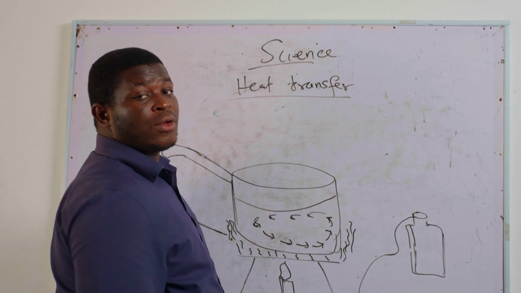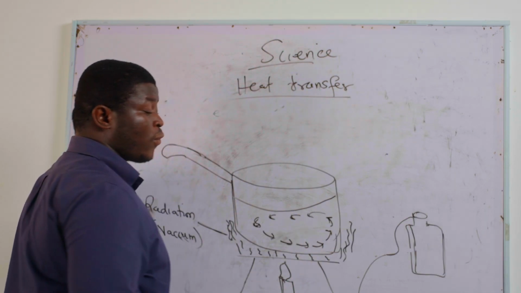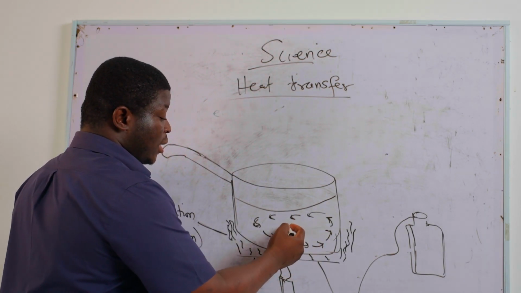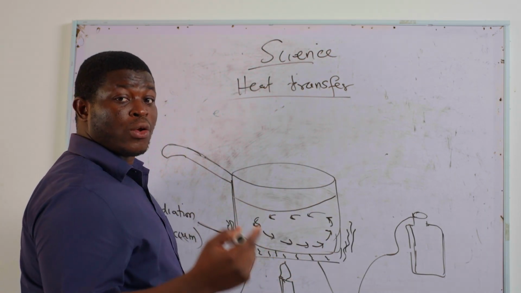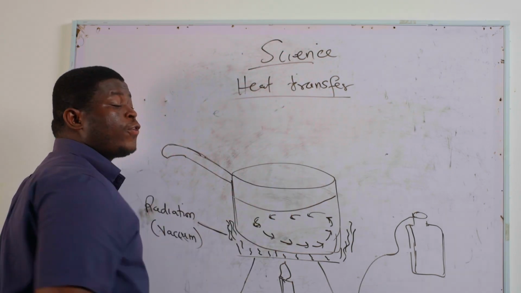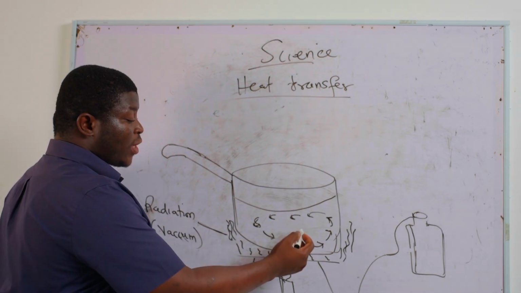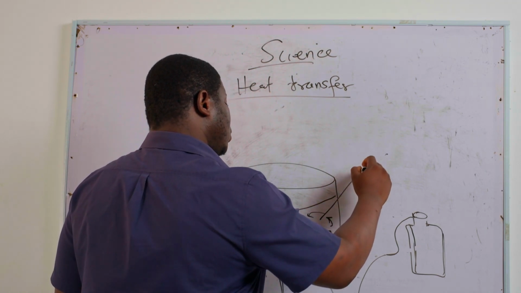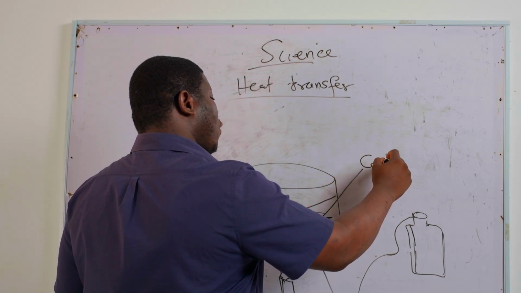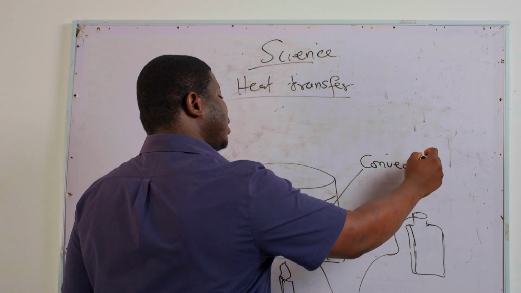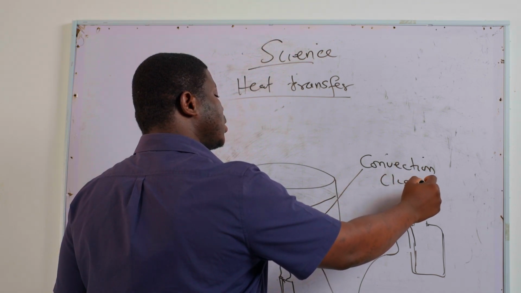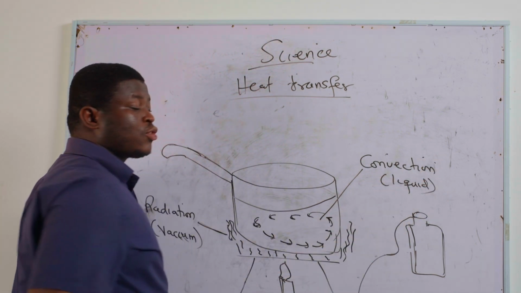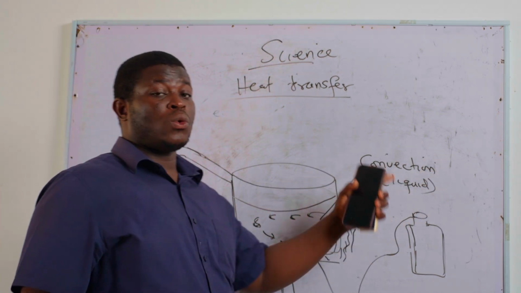When you dip your finger in, you could feel the heat. The heat transfer that occurs in liquid is what we call convection. So when there is heat transfer in liquids, we call that what?